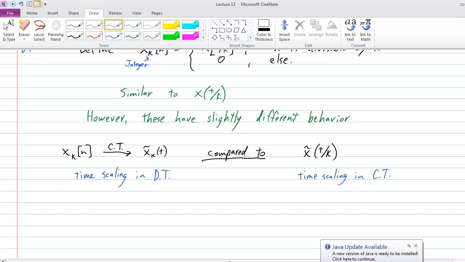And now let's check: did we get the same thing back each way we did it? So this equals this. Yes, it does, because our definition of f naught was 1 over T. So these are equal.